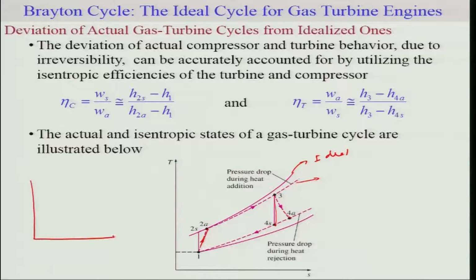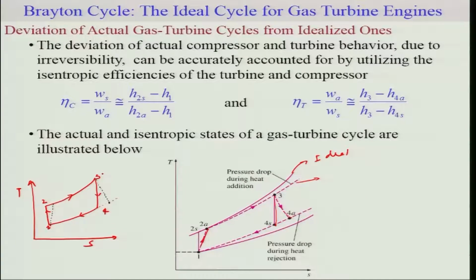We can write this TS diagram. This is your isentropic compression, this is your isentropic expansion, and you can show this dashed line as your actual process.